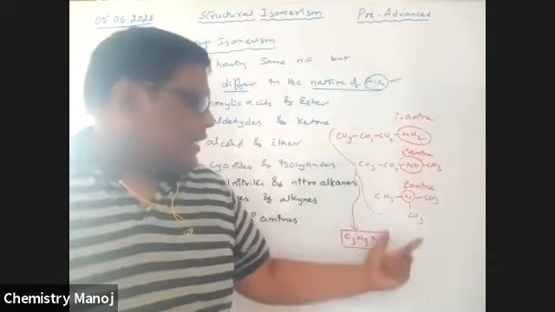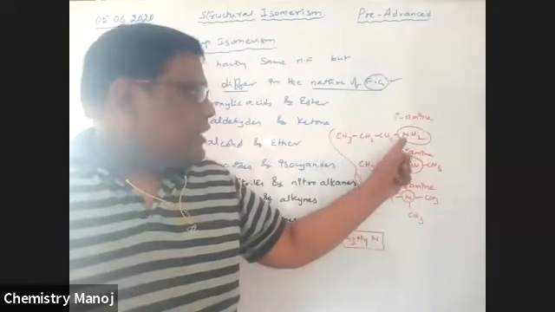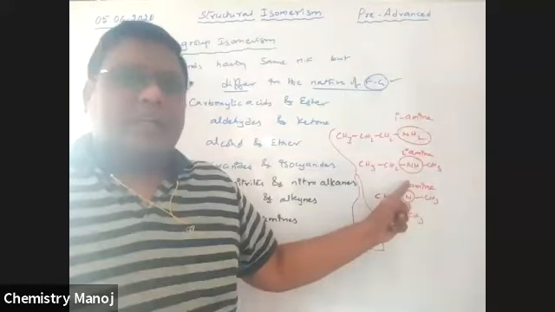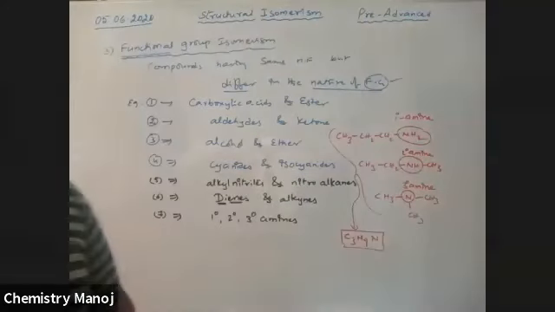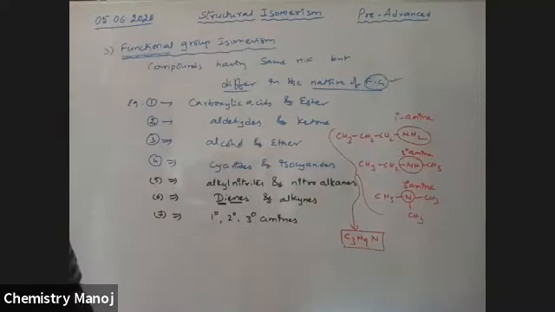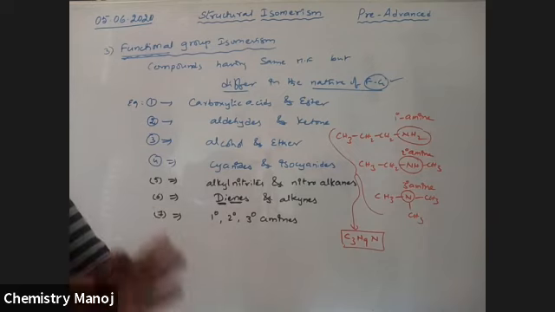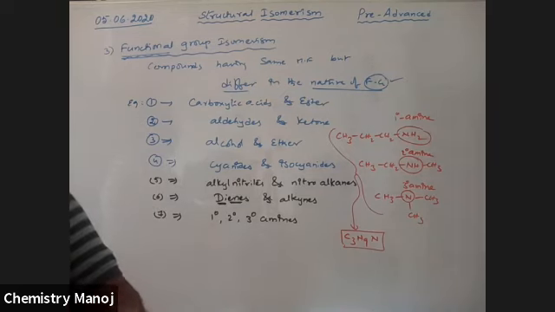So all these contain the same formula, but it is a primary amine, a secondary amine, a tertiary amine. So primary, secondary, tertiary amines are functional isomers. Very, very important. So you should write your doubts in the chat box. That's enough, don't ask once again.